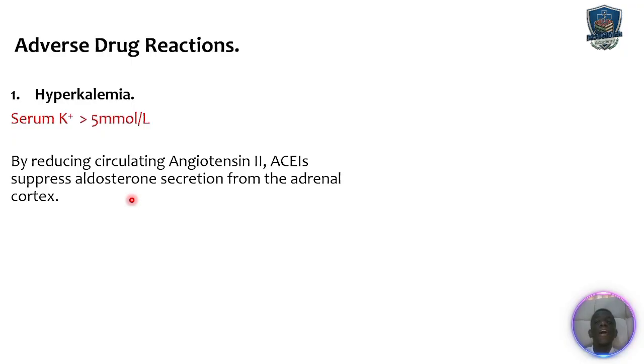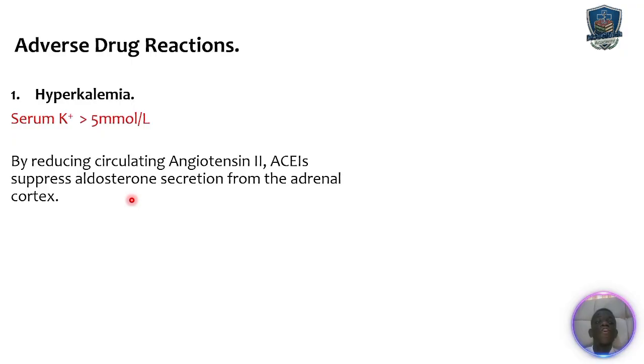Aldosterone acts on the kidney tubules to promote sodium and water reabsorption, but it also leads to potassium excretion. So when you suppress aldosterone, you're going to retain more potassium and excrete sodium. That's the point that I'm trying to explain.